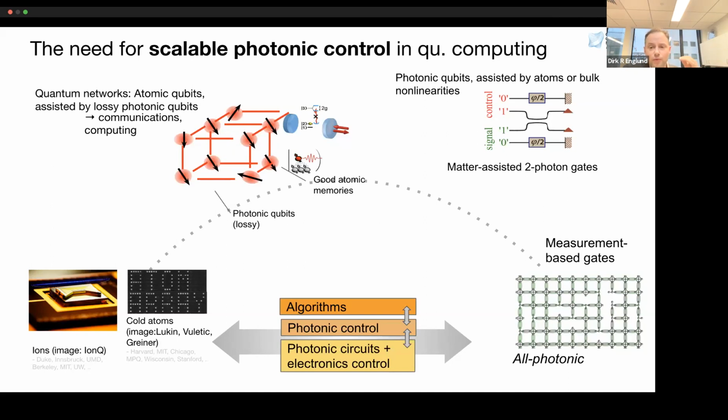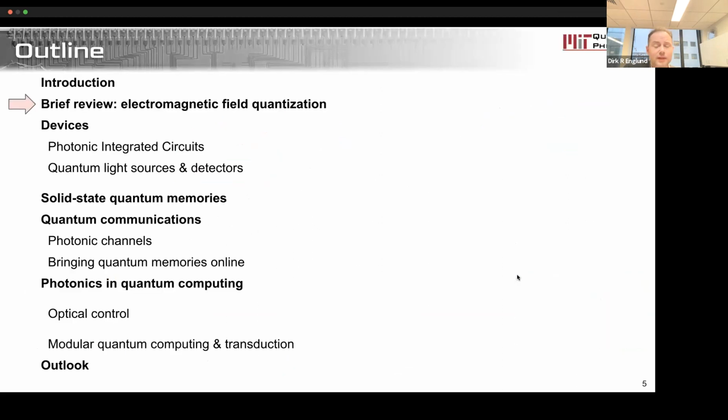To address these really hard problems, it requires co-design. You have to consider how the algorithms connect to the photonic control and how the photonic control connects to the hardware on which it's running, like the photonic circuits and the electronic and electrical control. So that's sort of an overview of what we're going to be talking about today.